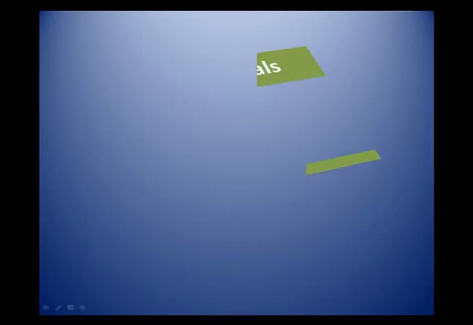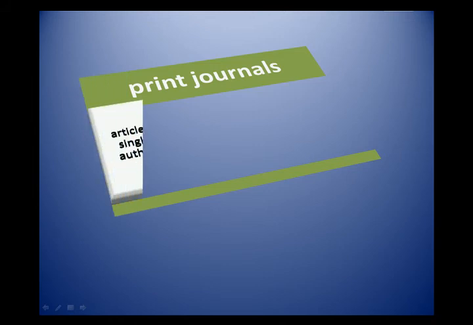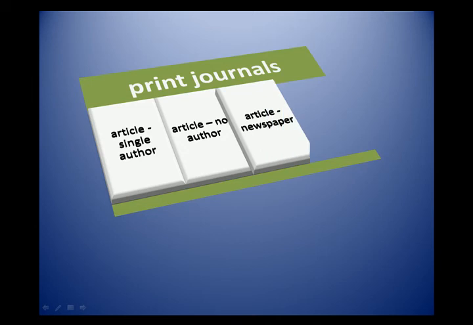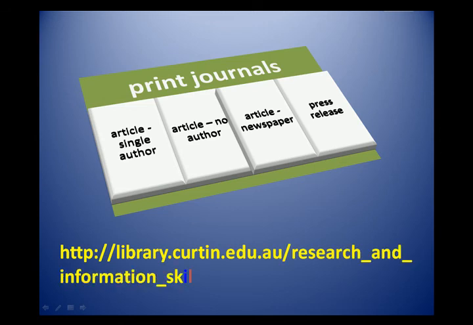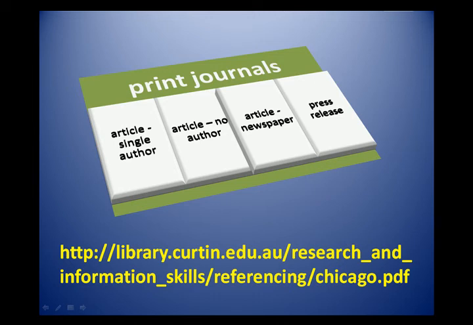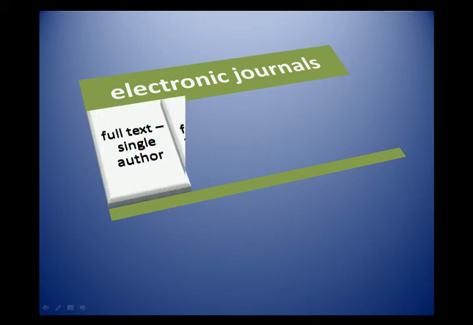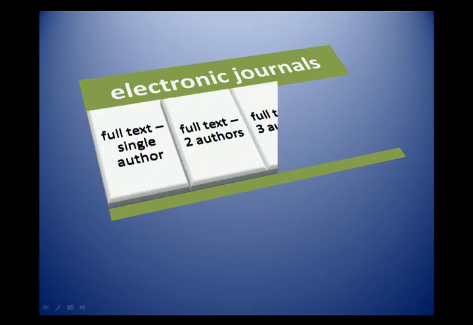Now, the same thing can also apply to print journals, depending on whether there are one or more authors, and also the type of article. This website can help you a lot, so please do refer to it. And yes, referencing electronic journals can all have some minor changes depending on the number of authors.